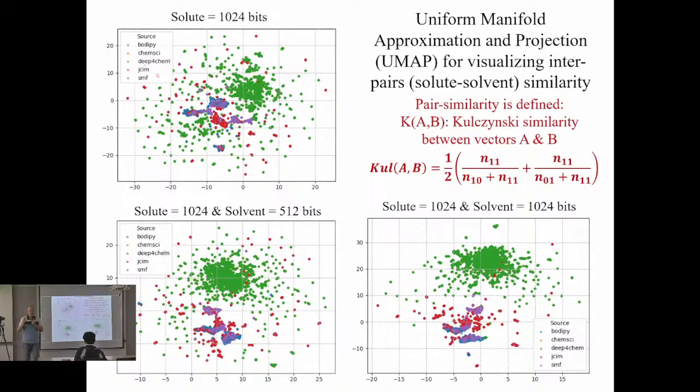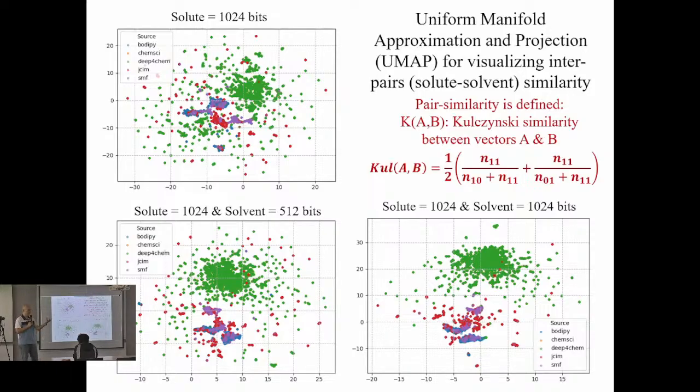But when you do the experimental measurement, if you combine the solute and solvent together as your input information, you are creating chaos. This is what it shows here. If you add 1024 bits for the solute and 512 bits for the solvent together as your data set, and then you do clustering, you see the problem.